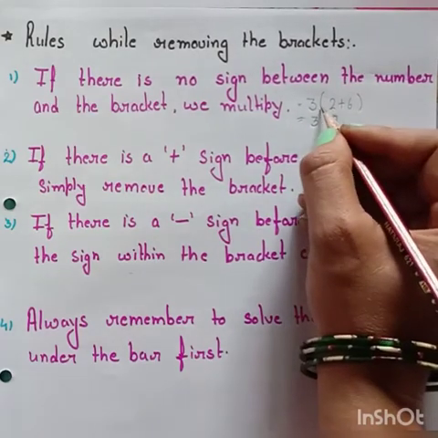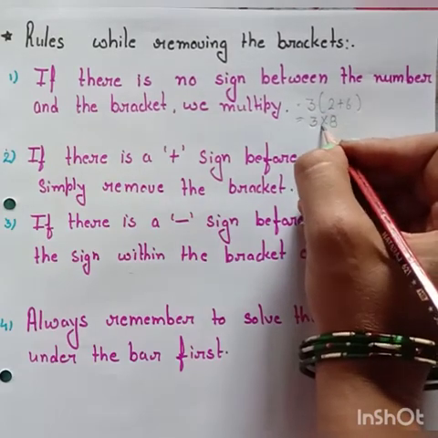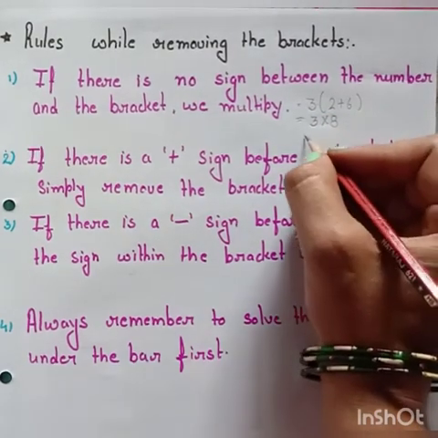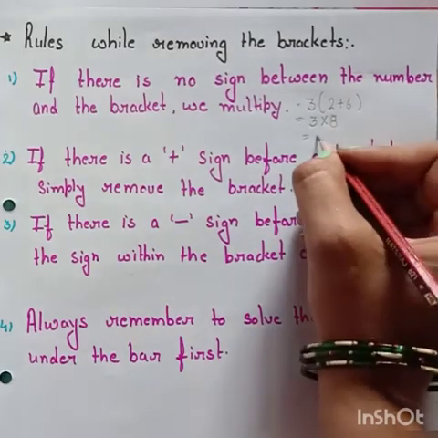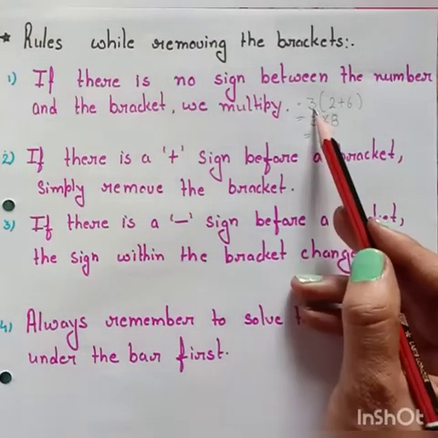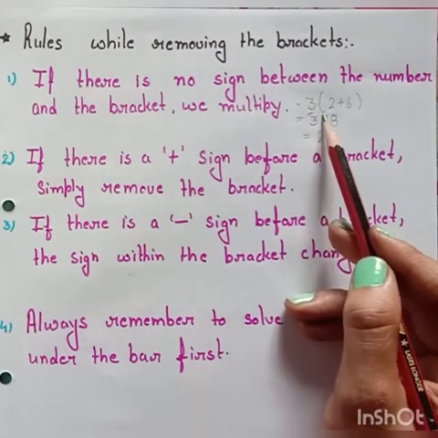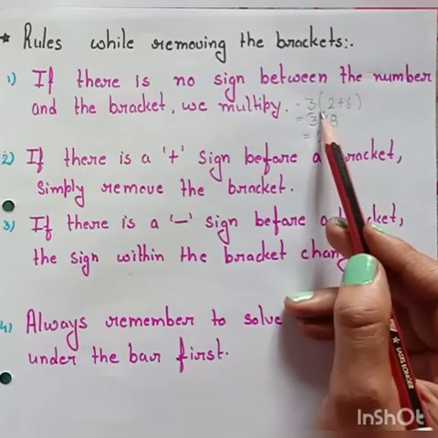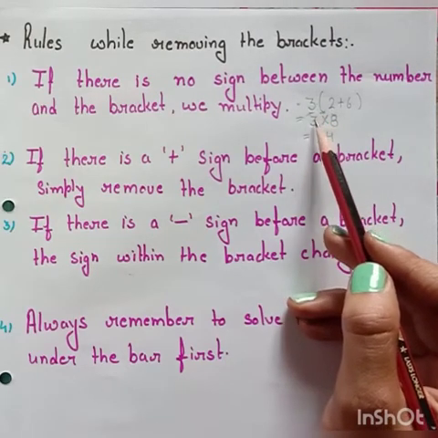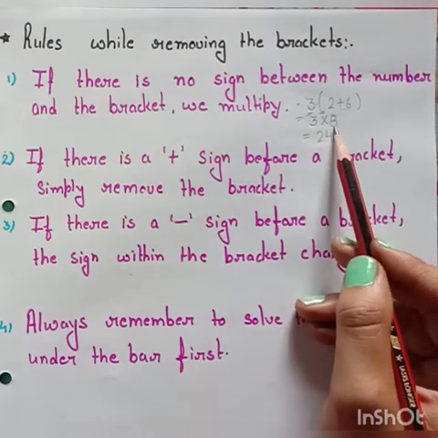Now what is the sign between the 3 and this bracket? There is no sign, so you have to put a multiply here. And 3 8s are 24. It means if there is no sign between a number and a bracket, you have to multiply. First solve the bracket, and then multiply.